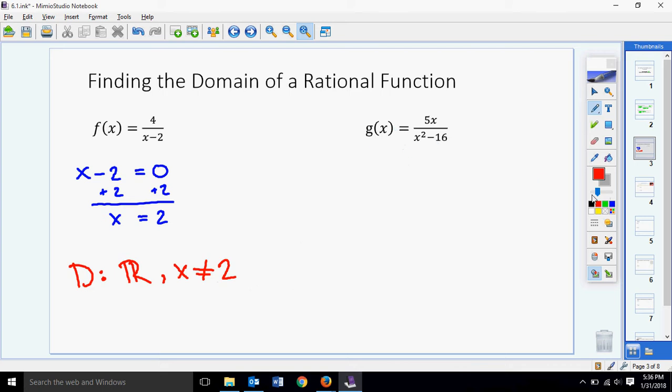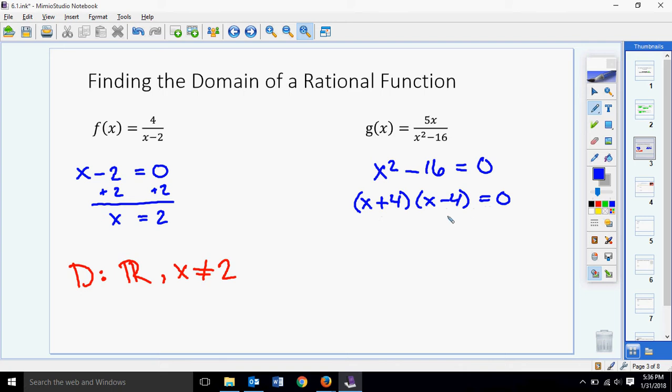Now for g, again, we don't want our denominator equal to 0, so we need to figure out what values of x will make x squared minus 16 equal 0. I know how to solve this from chapter 5. This is a difference of 2 squares, so I'm going to factor this into x plus 4 and x minus 4.